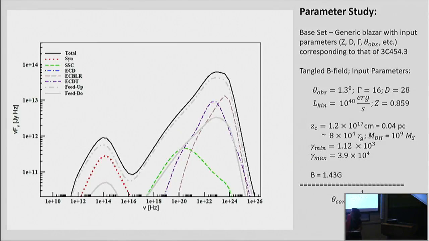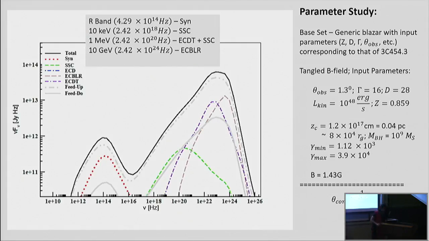Time averaged SED. So as you can see, the optical range is as expected, guided by the synchrotron component. In the X-ray range, it is really a combination of the external component due to the dusty torus and some portion of SSC.